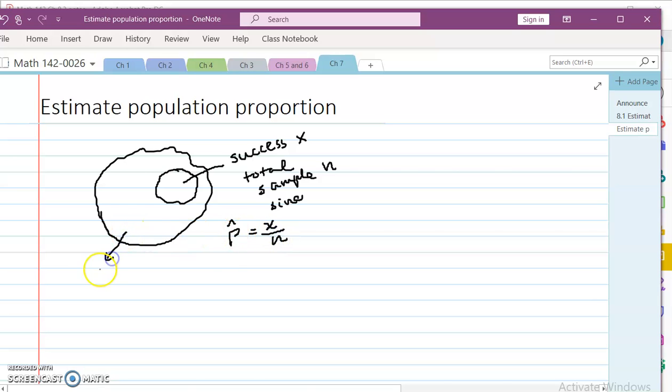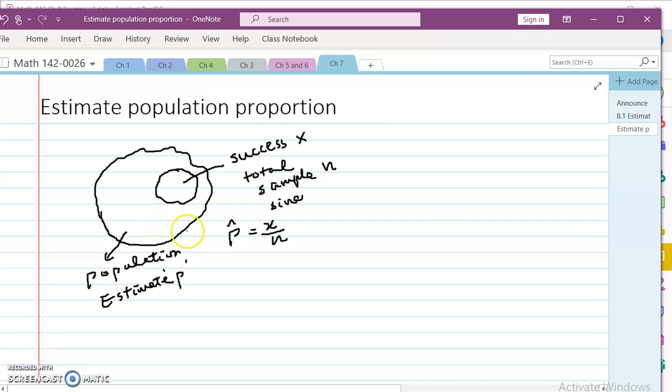But in the whole population, if I counted the whole population, I would know the real p. This is the p that I don't know, and I want to estimate it: the proportion of success in all of them, maybe the percentage of female, maybe the percentage of red marbles, maybe the percentage of people that want to take the vaccine.